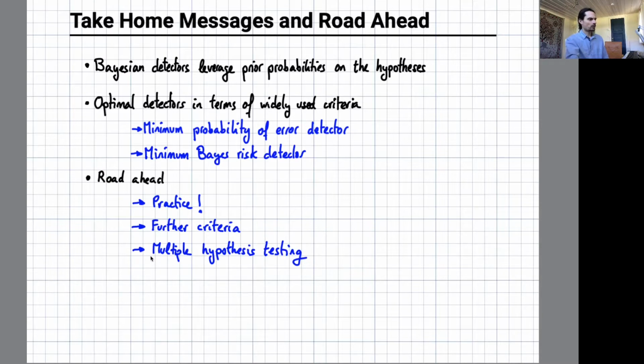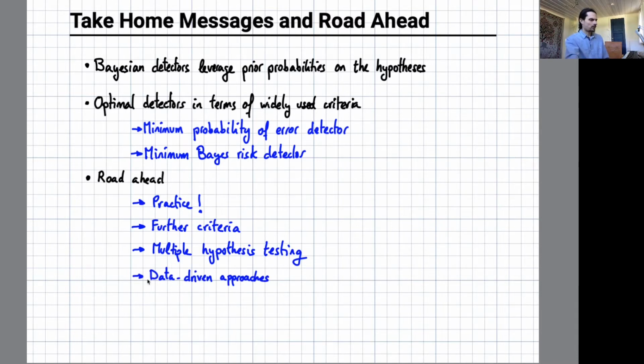We also didn't have time to look at multiple hypothesis testing. We only considered binary hypothesis testing, but the case where more than two hypotheses need to be tested is also very important and shows up very frequently in practice.